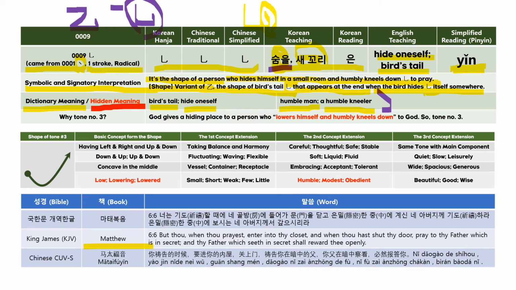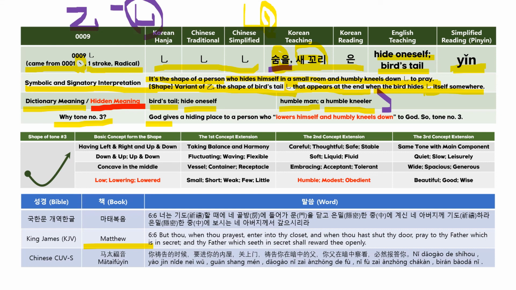Okay? And the next issue is why this character has the specific tone number 3. From foreigners' point of view, when we are learning Chinese characters, we should remember its pronunciation.